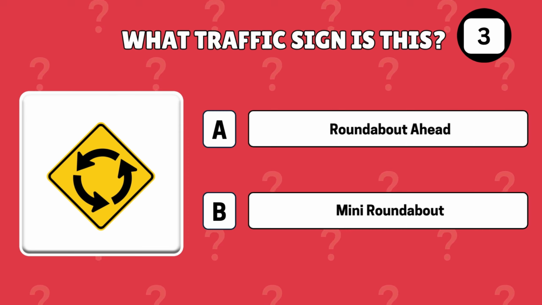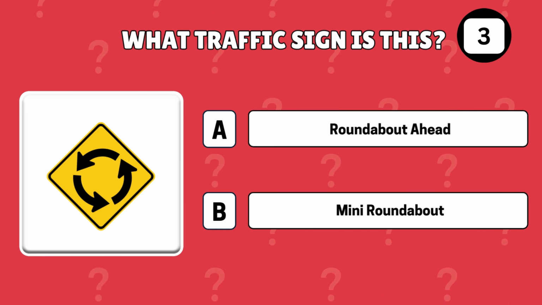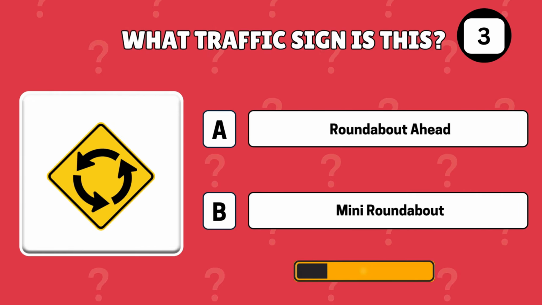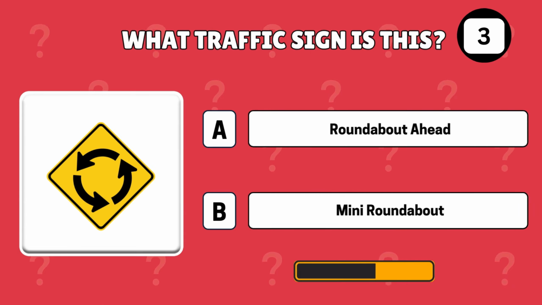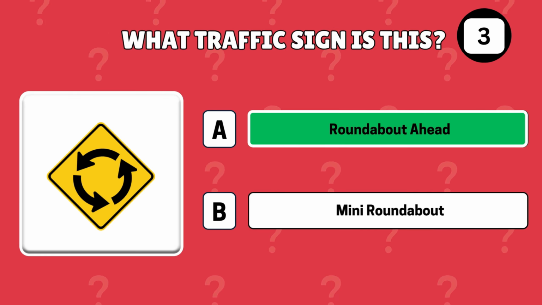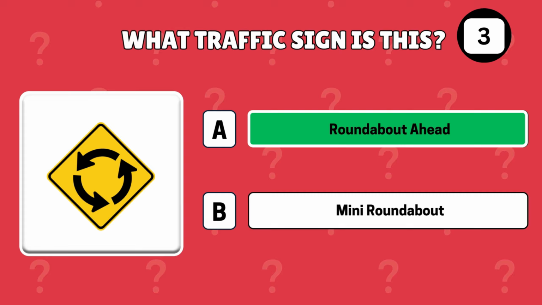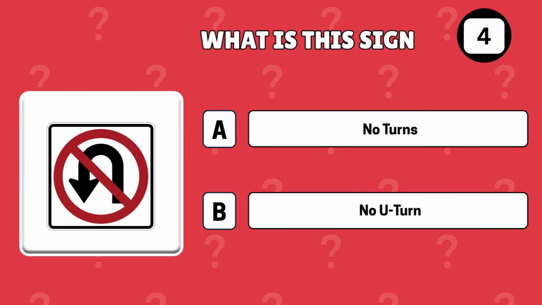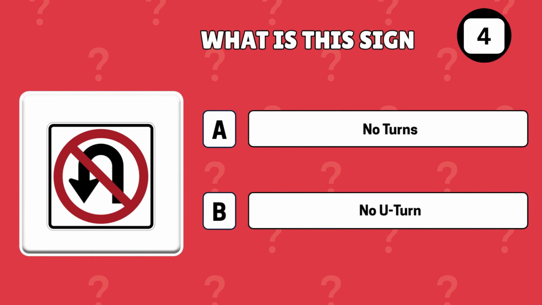What traffic sign is this? A. Roundabout ahead. B. Mini roundabout. That's right. This is the roundabout ahead sign. What is this sign? A. No turns. B. No U-turn.